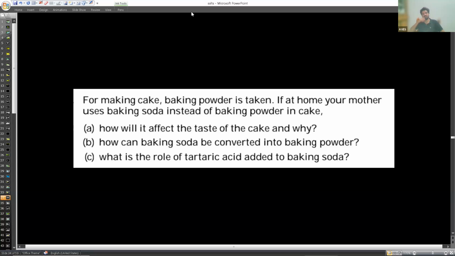We have discussed this one: it helps in the production of carbon dioxide, which helps in making the bread fluffy. And the second role is that it neutralizes the bitter taste of baking soda.